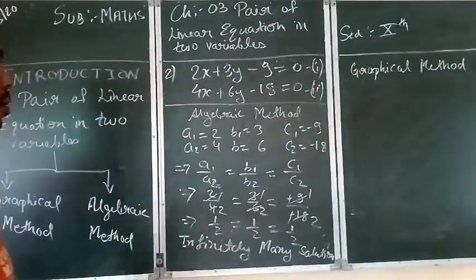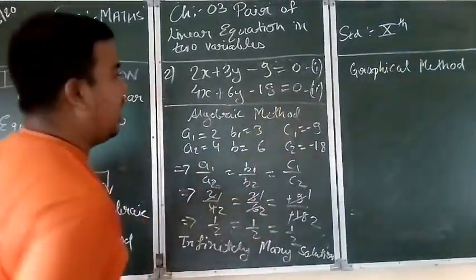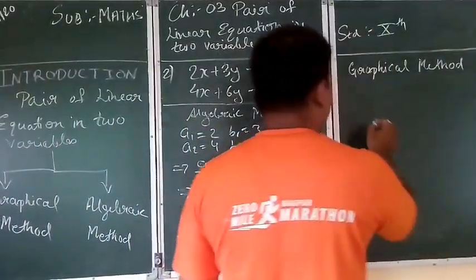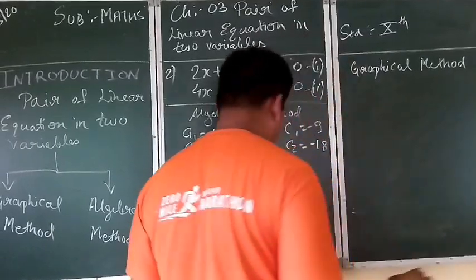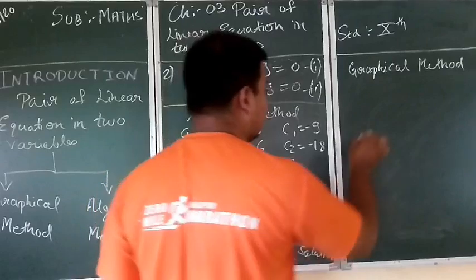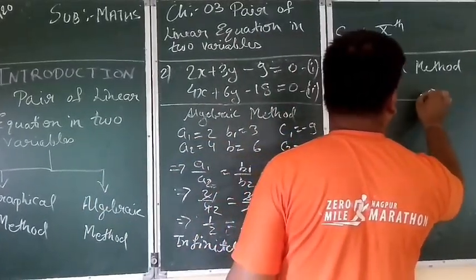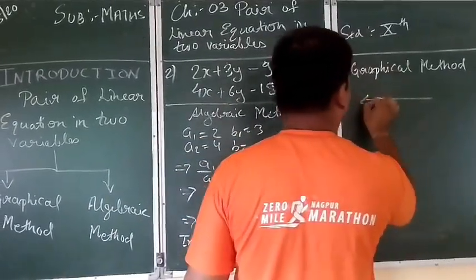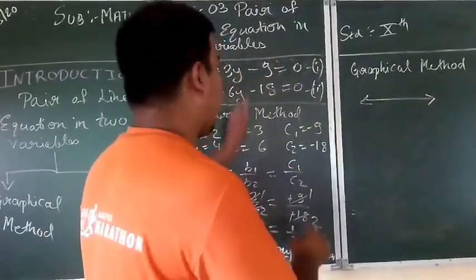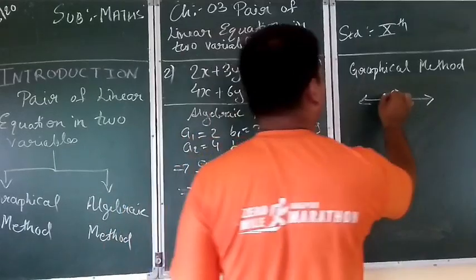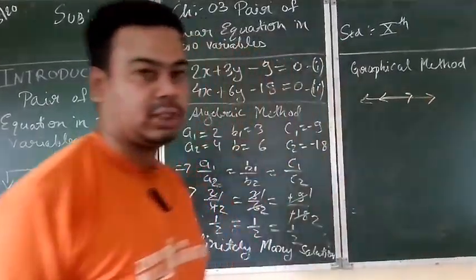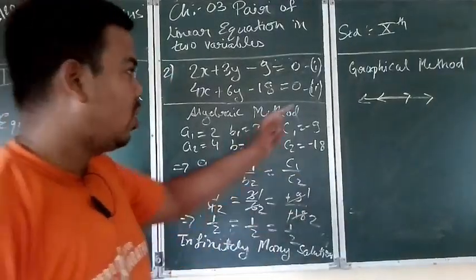And how do we now represent this equation in a graphical method? In the graphical method, infinitely many solutions means coincident lines. Coincident lines means, suppose this is one equation, one line, and this is the other equation.